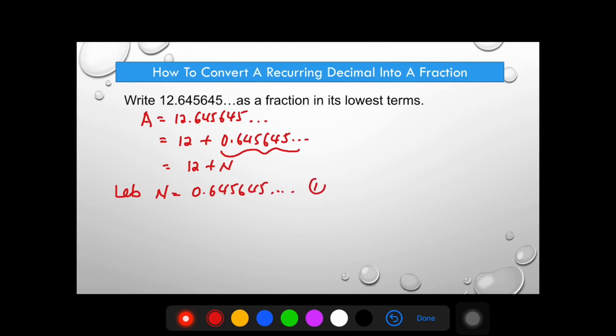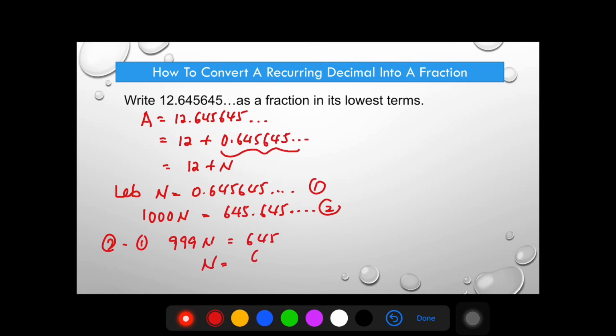This is equation number 1. Multiply the whole equation by 1000, it will become 645.645... and so on, equation number 2. And 2 minus 1, 999n equals 645, and n equals 645 over 999. Simplify it, it will become 215 over 333.